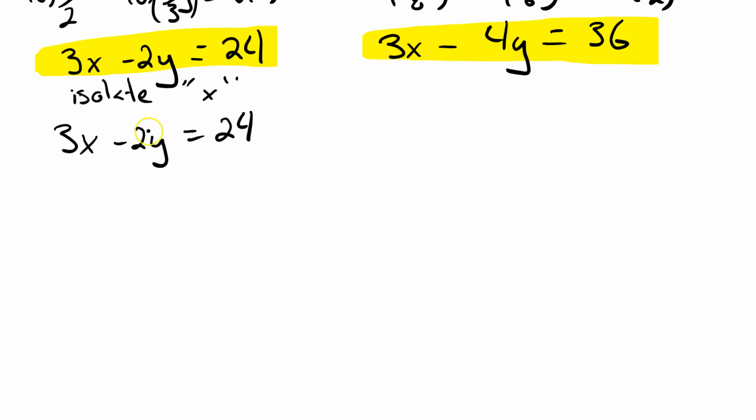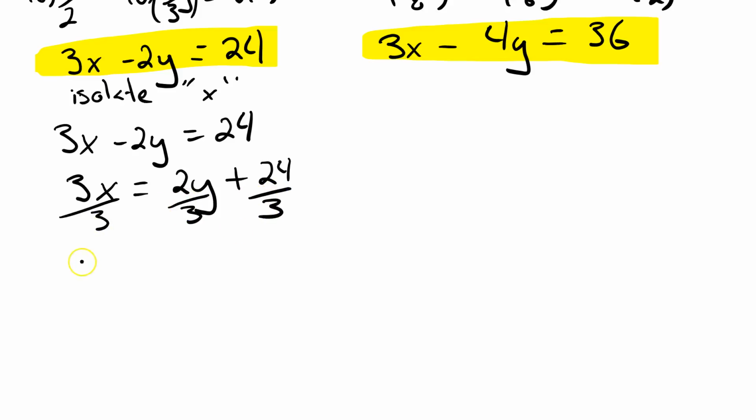I'm going to bring the 2y to the other side. It's going to flip its sign. So 3x equals 2y plus 24. And usually I like my variables before my constants. I'm going to divide everything by 3. So my x is now going to be 2/3 y plus 8.